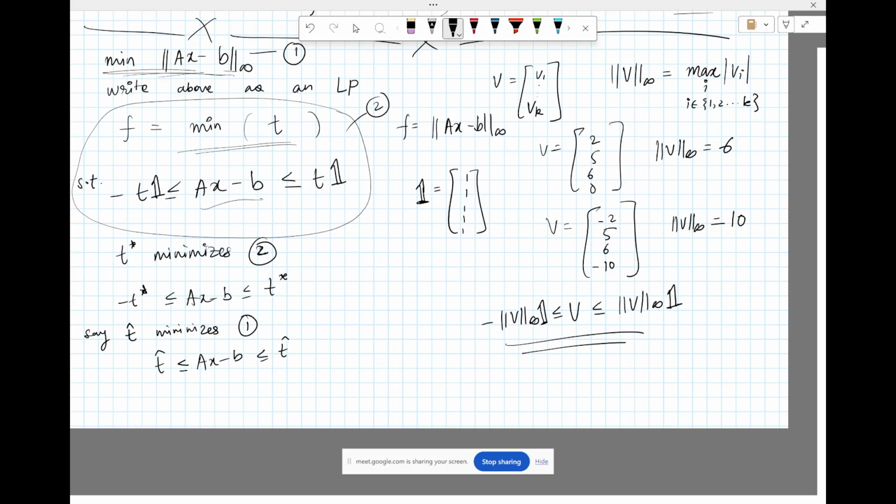But there will be one constraint such that the ith value of ax minus b is equal to t hat, right? For some i.